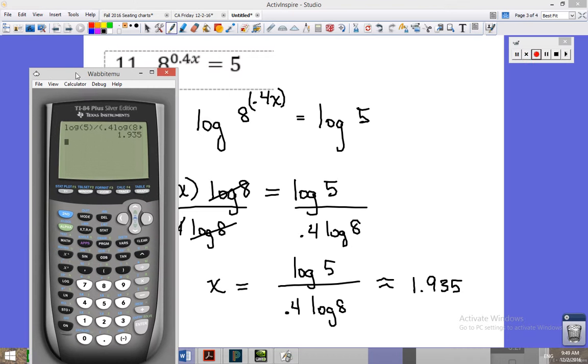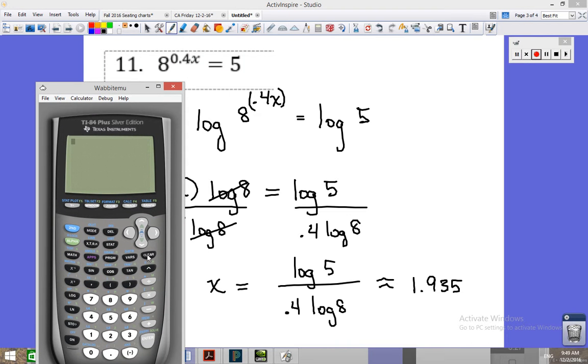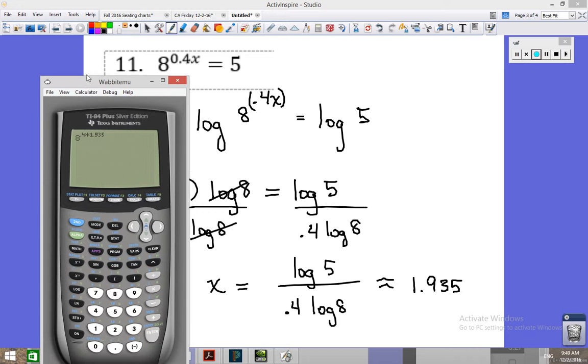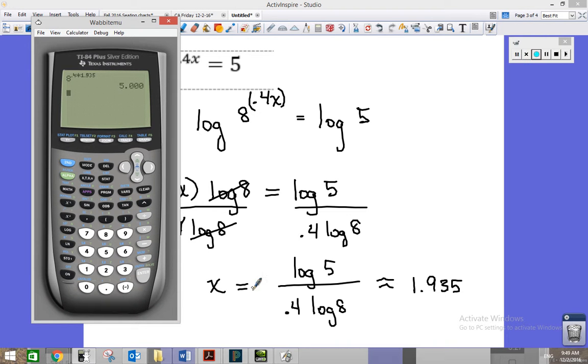If we come back to the original equation and take 8 and raise it to 0.4 times our approximation, 1.935, we won't get exactly 5, but we should get pretty close to 5. Well, in that case, it did.